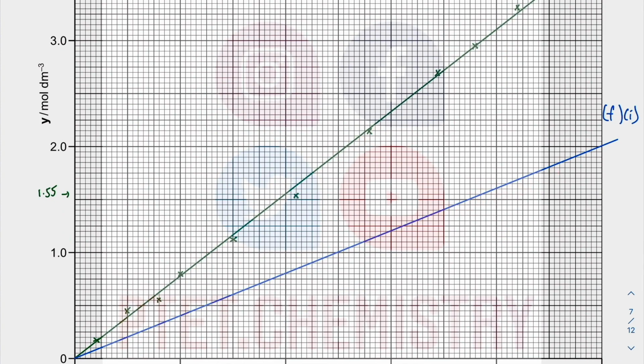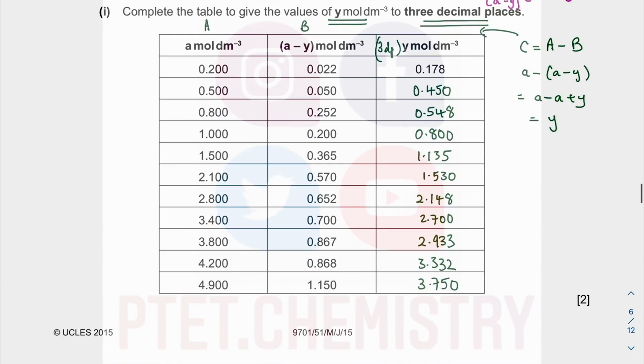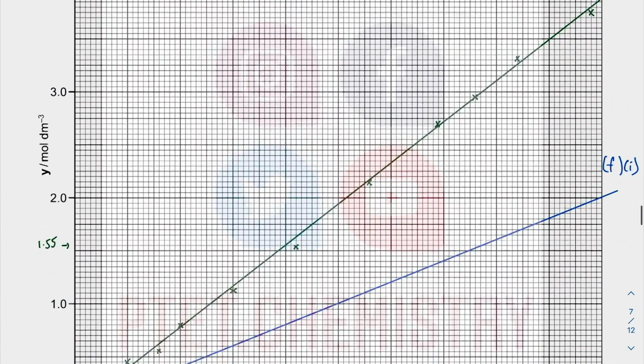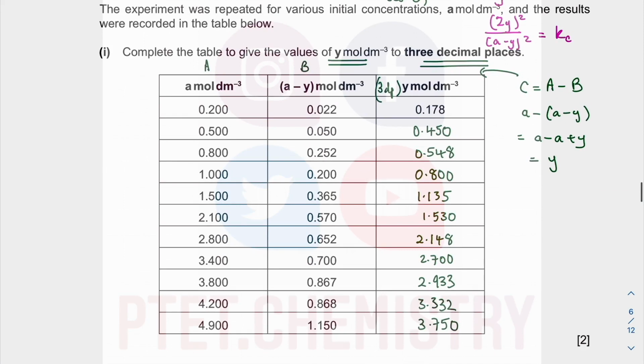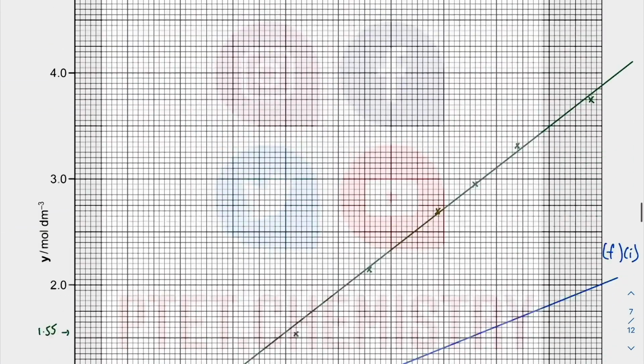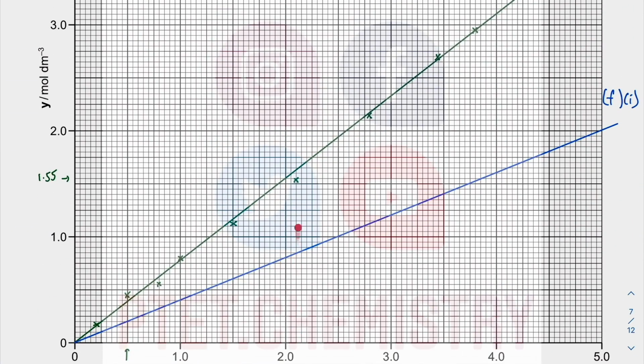Speaking of crosses, this looks really anomalous. Maybe I should check back on this point. This is 2.1 and 1.55. Did it say 1.53? 2.1 and 1.53.